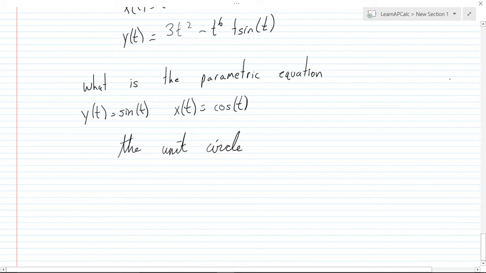So it's not saying theta, but it's just a different variable and it means the same thing. Another way to think about this is the unit circle. The word unit in math equals 1.